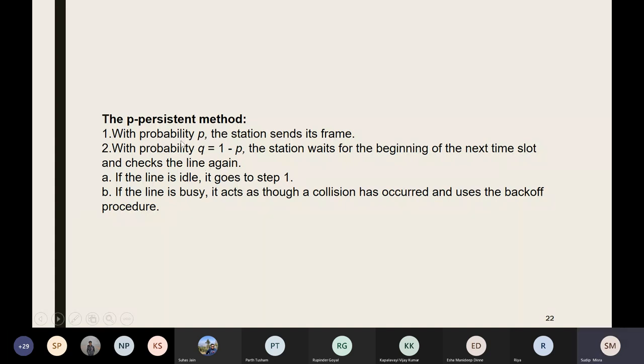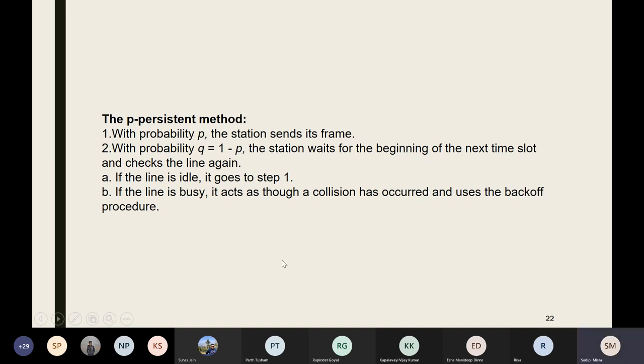With probability P, the station sends its frame, and with probability Q, which is 1 minus P, the station waits for the beginning of the next time slot, and then it tries to check the line again. Then if it finds the line to be idle, it goes to step 1. If the line is busy, it acts as though a collision has occurred and uses the back-off procedure.